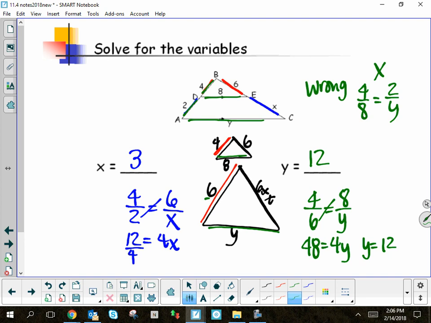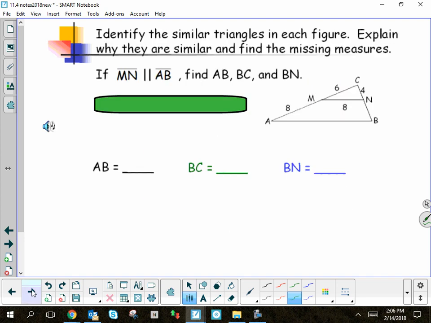Okay, so on some of these, I would draw these two triangles separately, whenever you see a triangle within another triangle. All right, next example, it says identify the similar triangles, explain why they are similar. Okay, so a little preview. It does say MN is parallel to AB.